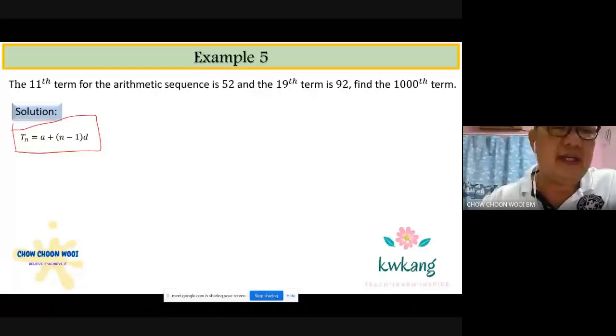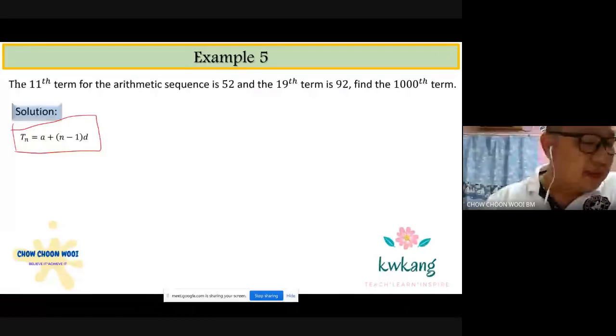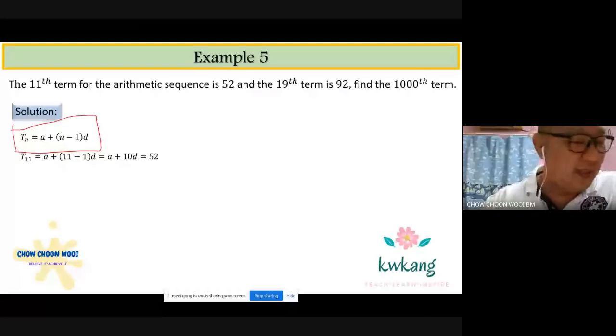So this one, Tn is equal to A plus (n minus 1)D. D sama dengan 5? Okay, kita tengok lah.